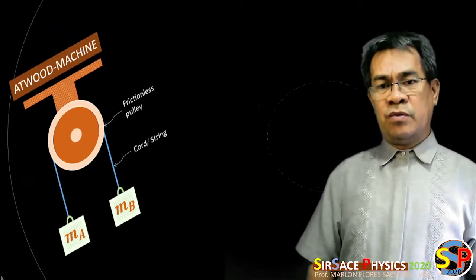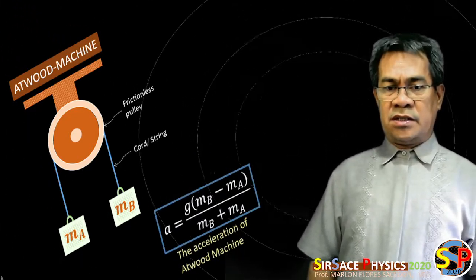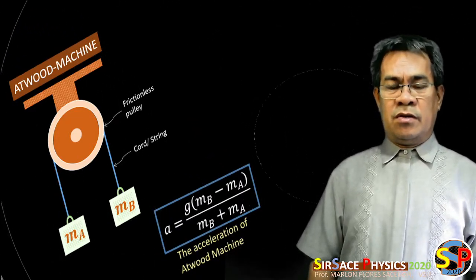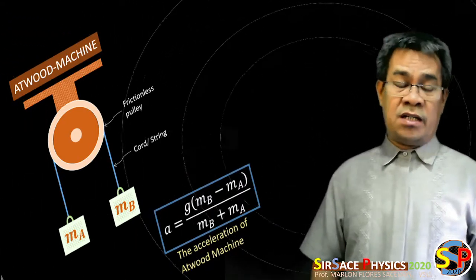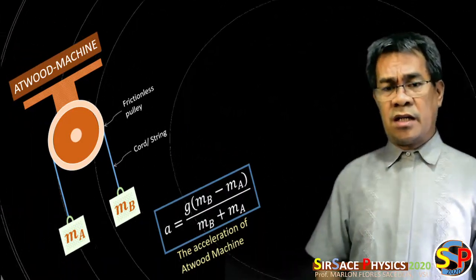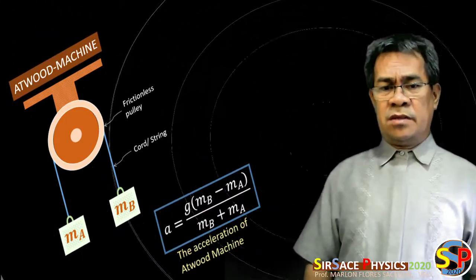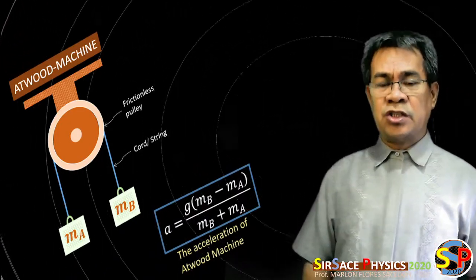in the Atwood machine, we learned that the acceleration of the system is the acceleration of gravity multiplied by the difference between mass B and mass A divided by the sum of the two masses. So this is the acceleration. And we also have the relation that can calculate the tension in the cord.